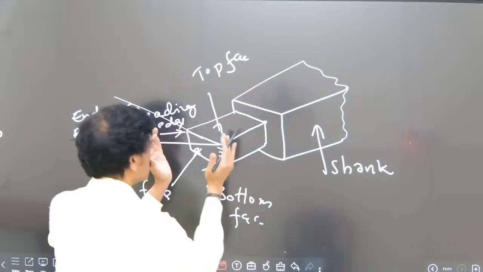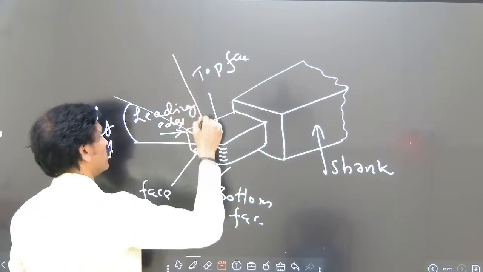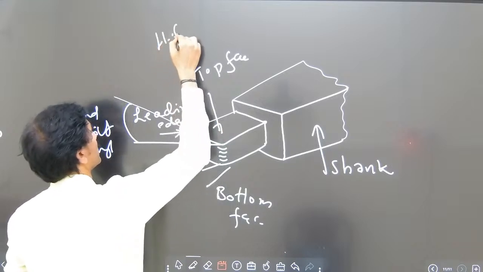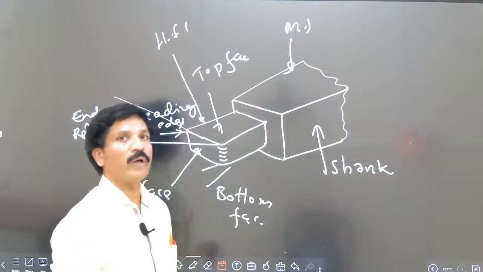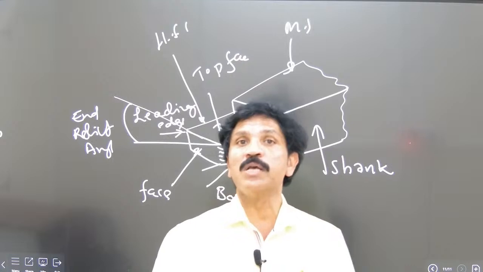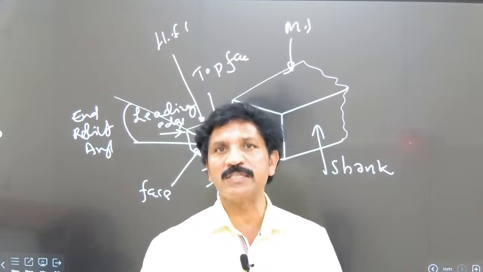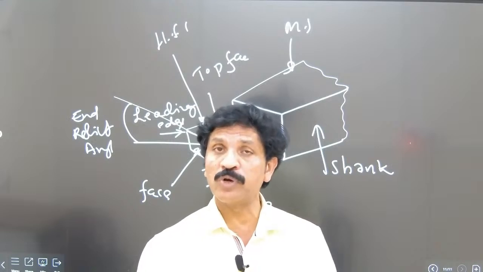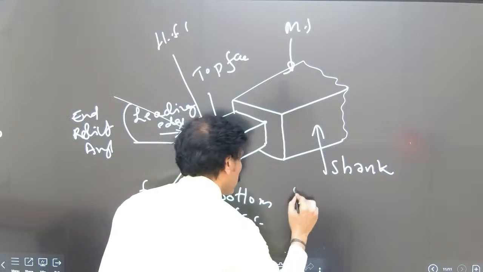For example, this cutting edge is manufactured with HSS steel, while the shank is normal, that means mild steel. There is nothing to worry about because it does not interact with the surface. But sometimes, because of the working forces acting where the shank is, it should be very strong. So this is about the single point cutting tool.